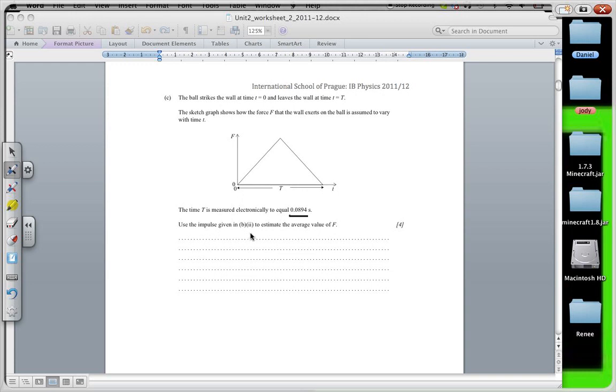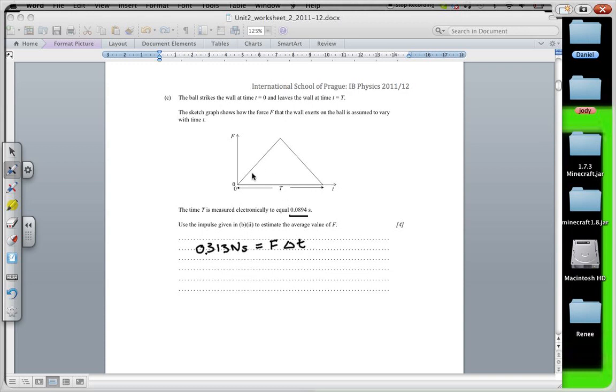So using the impulse given in B2, that was 0.313 newton seconds, we know that's equal to our force times our time.